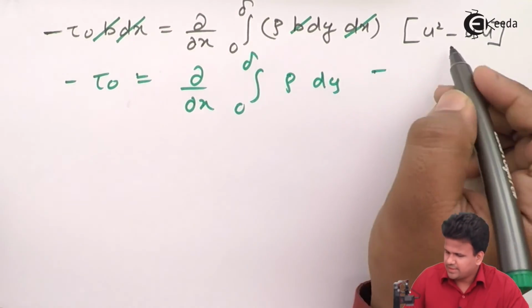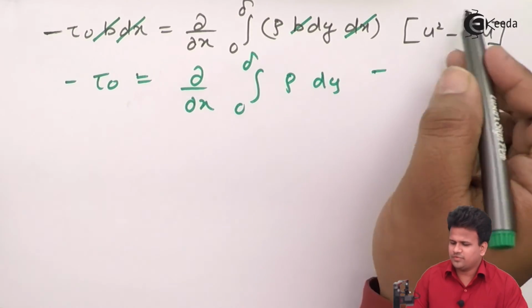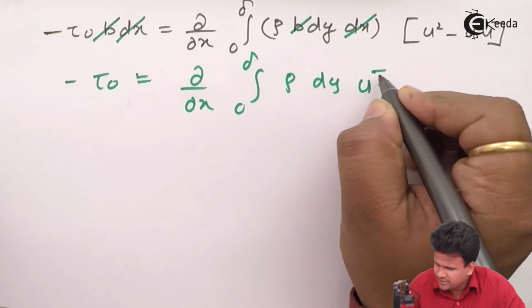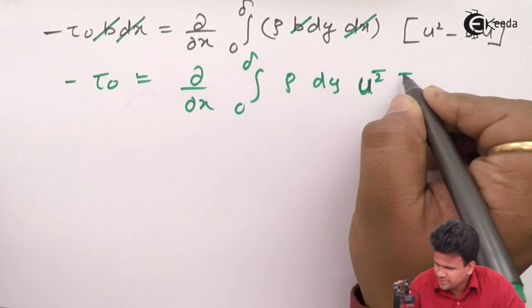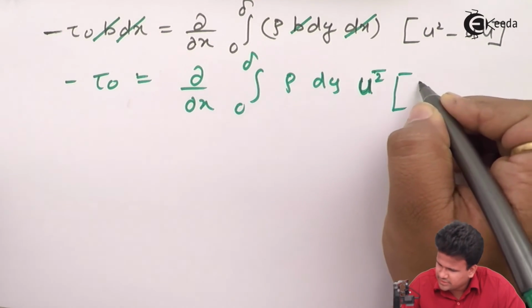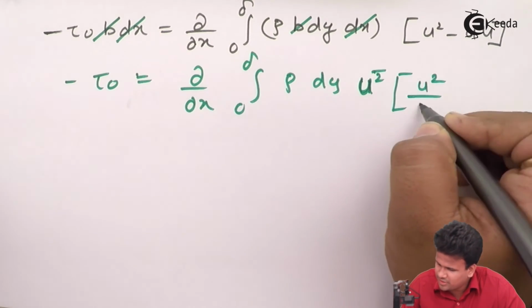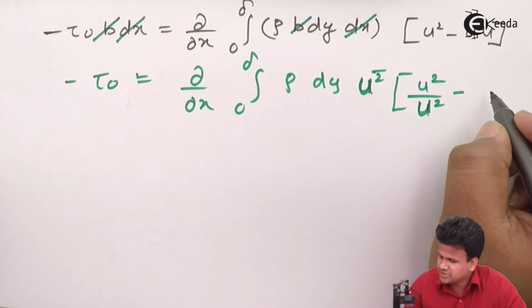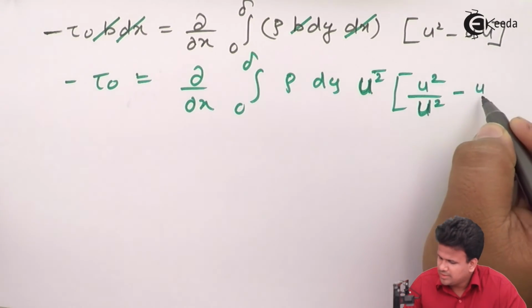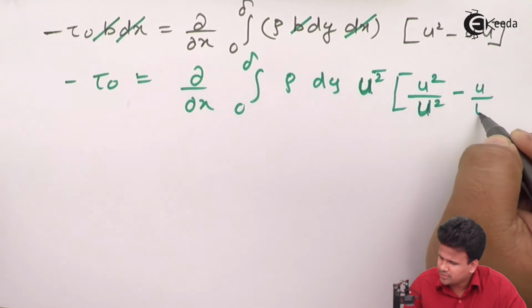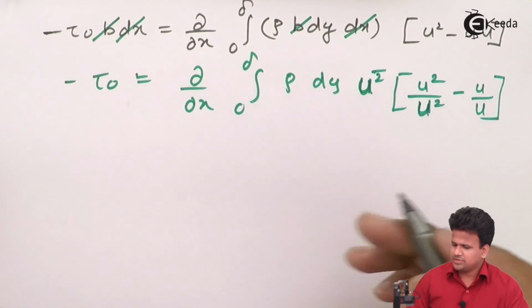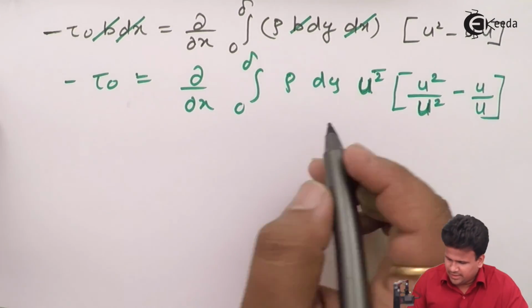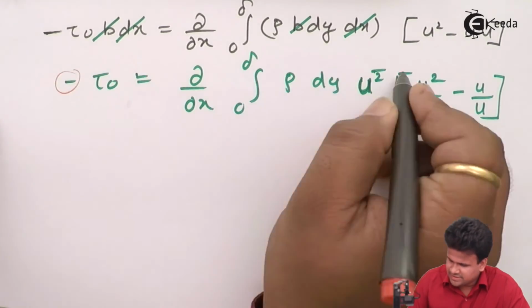Now let us take capital U square common from this entire term. If we take u infinity or capital U square common, what do we get over here? That is small u square upon capital U square minus u upon capital U. So this is the term which we get. Now let us write this further. Let us take this minus sign over here.